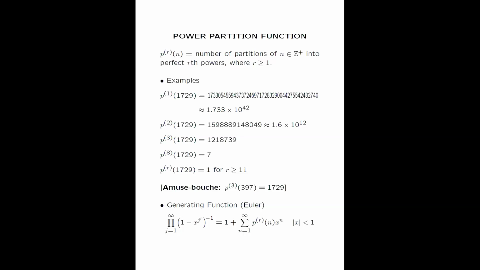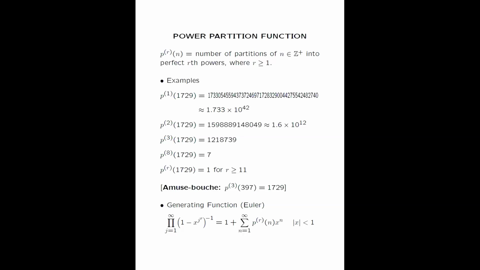I happened to go on OEIS, which I know about now from people like Mel and from George Andrews, and I was looking at the list of cubic partitions, and I noticed that 1729 appears on this list. So this is what I'm calling an amuse-bouche for you, in case you are bored. The number of partitions of 397 into perfect cubes is 1729.